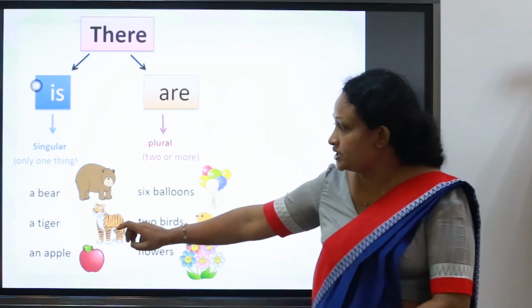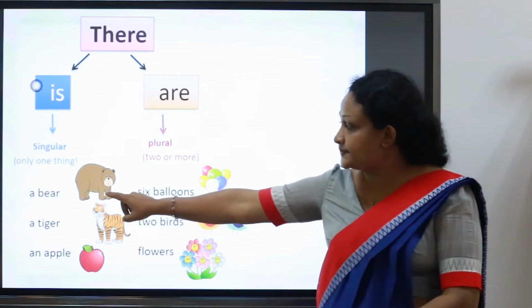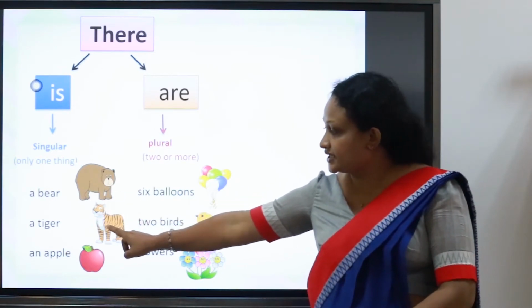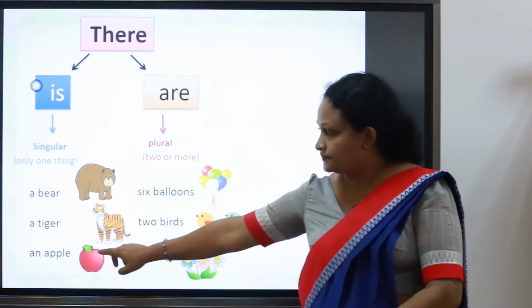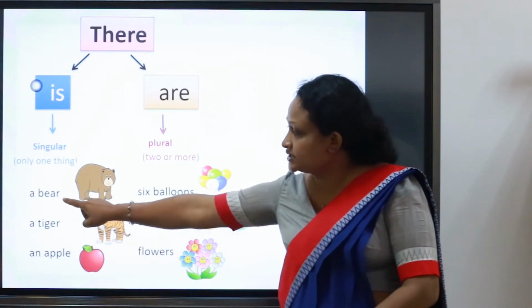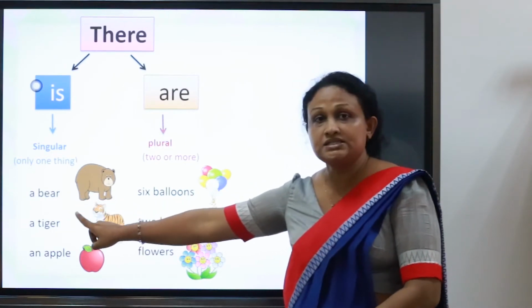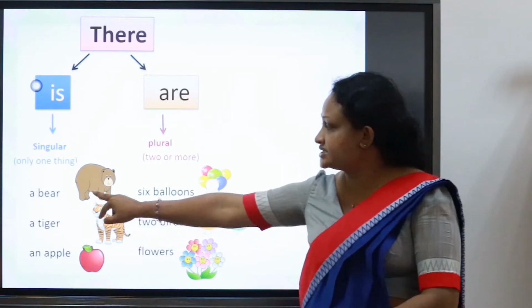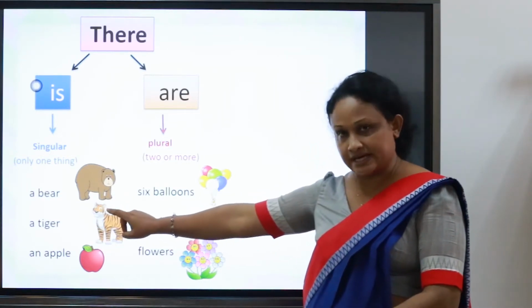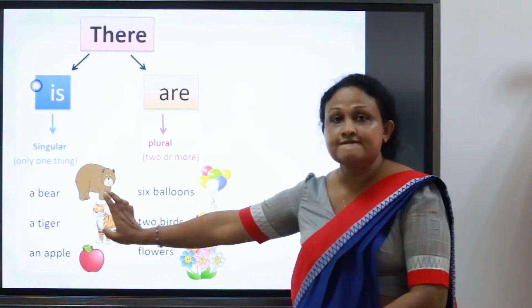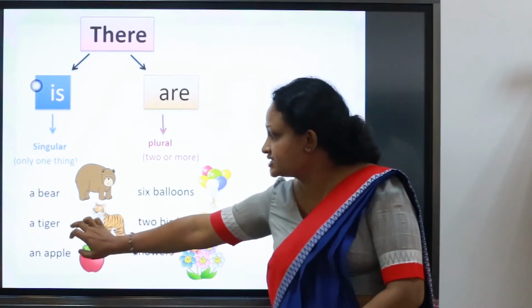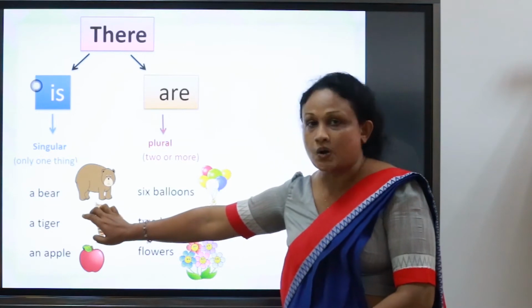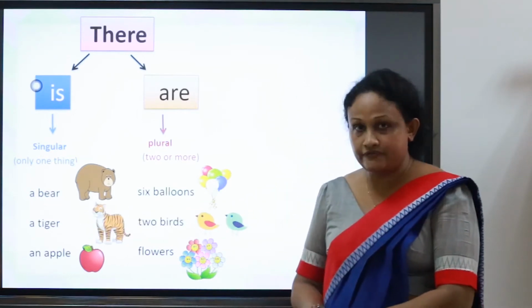For example, in our picture, there was a bear, a tiger, an apple. Here we have written a bear and a tiger. We have put a in front of these two words. Why do we use that? Because there's only one thing and these words are starting with the consonant letters in the alphabet.